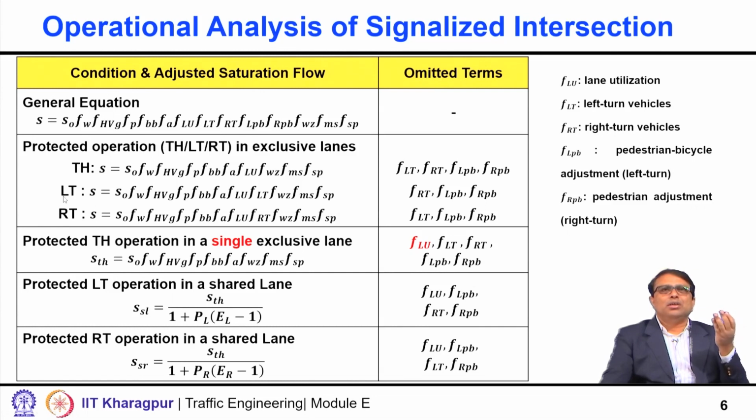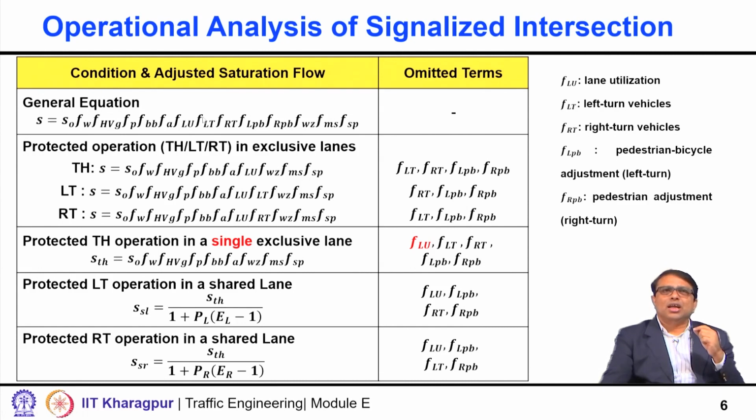So, one may be protected, another may be permitted, then left from a shared lane or an exclusive lane. Like that there are different possibilities, left turn, right turn. Each case needs to be handled separately.